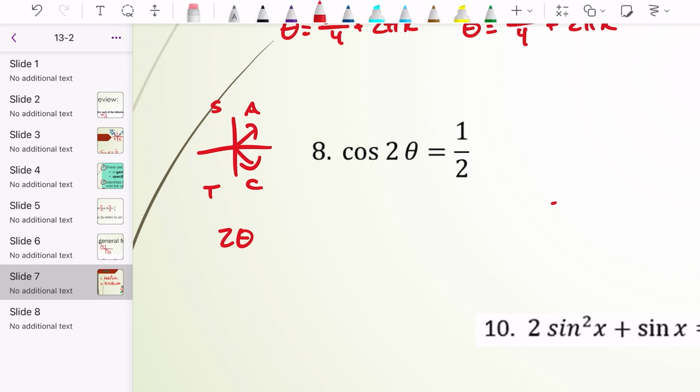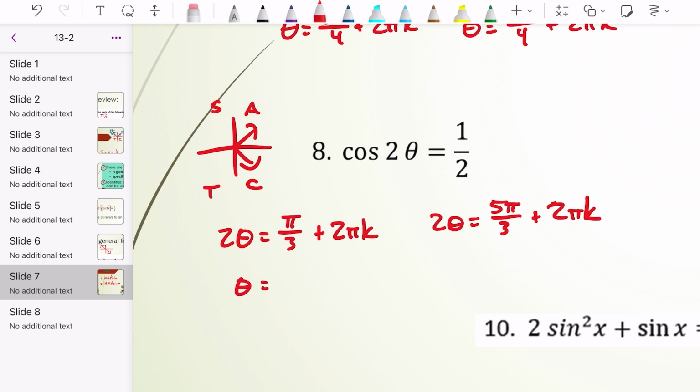Our 2 theta would be equal to pi over 3 plus 2 pi k, and 2 theta is equal to 5 pi over 3 plus 2 pi k. We're going to isolate theta by dividing by 2. So theta is equal to pi over 6 plus pi k, and theta is equal to 5 pi over 6 plus pi k.